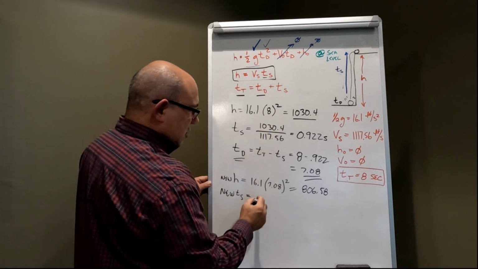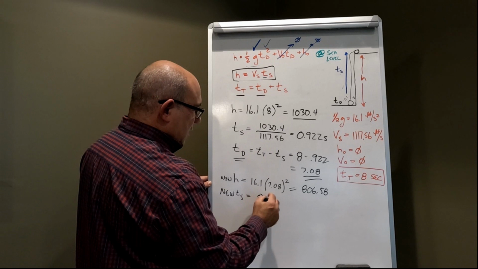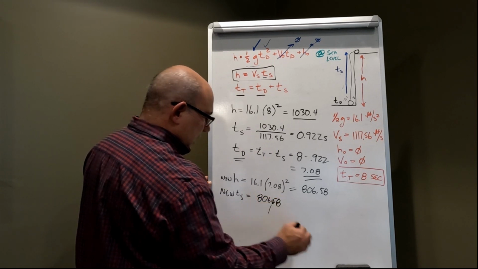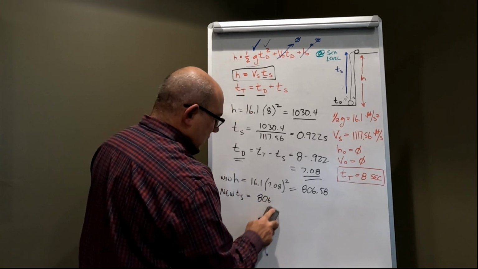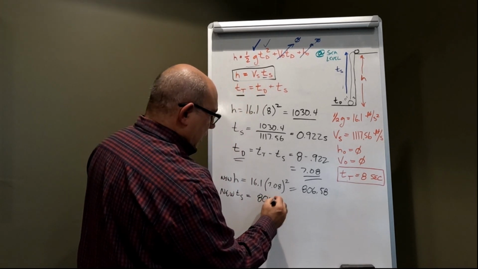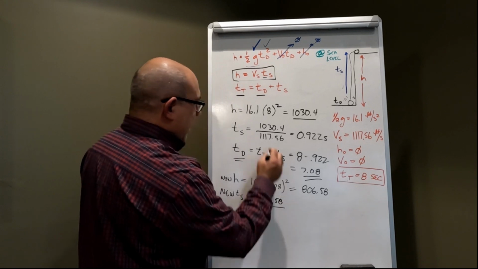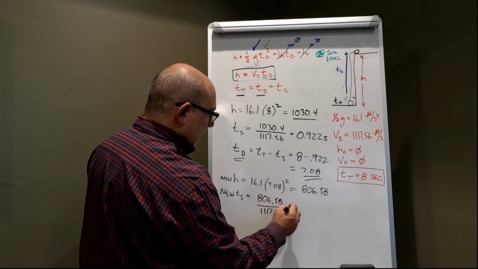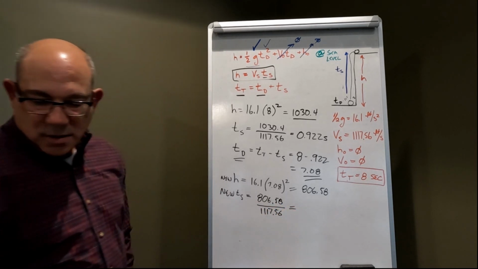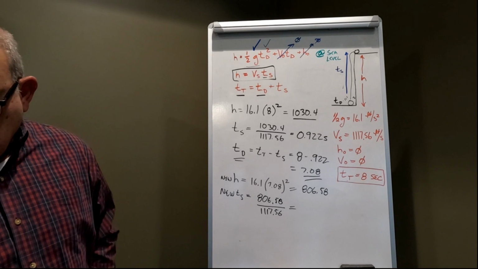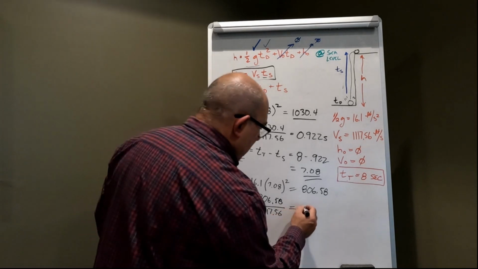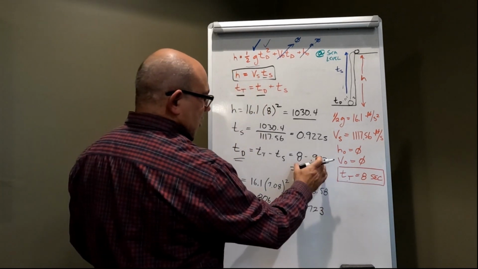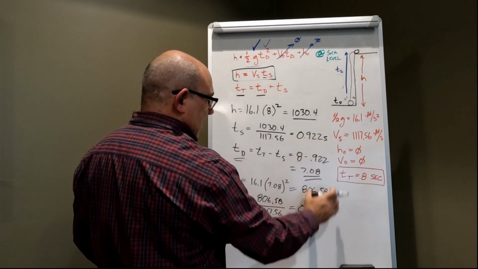Using this same calculation, we take 806.58 divided by 1117.56, and that's going to give us a new time for the sound of 0.723. So that's another correction on this original 0.922.